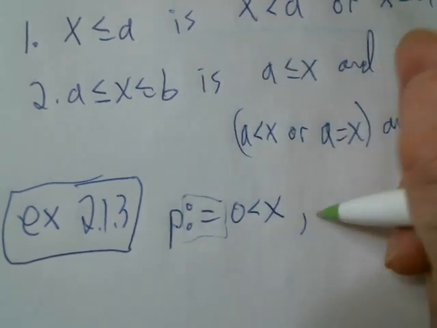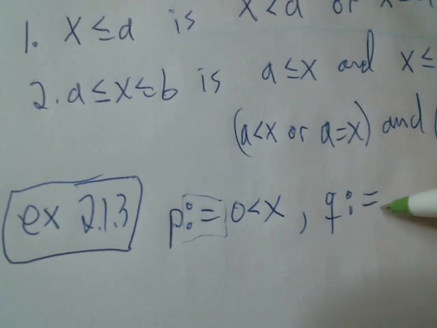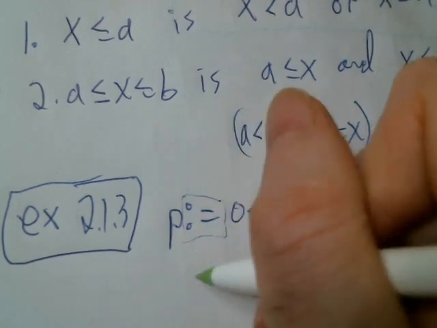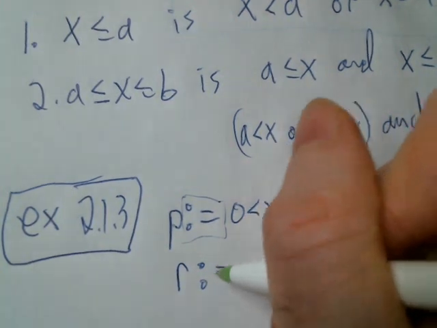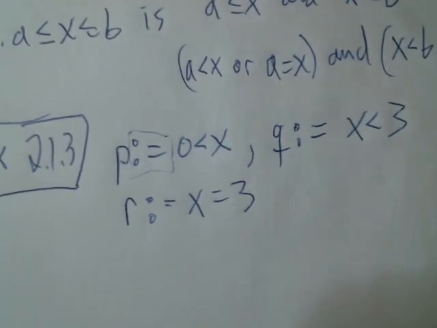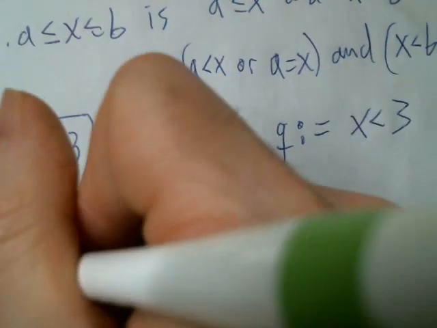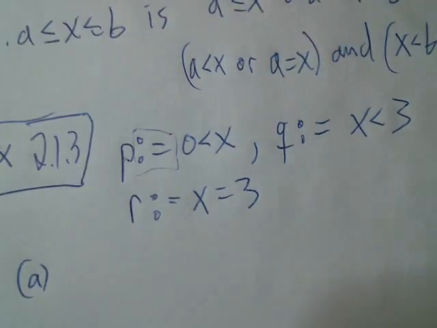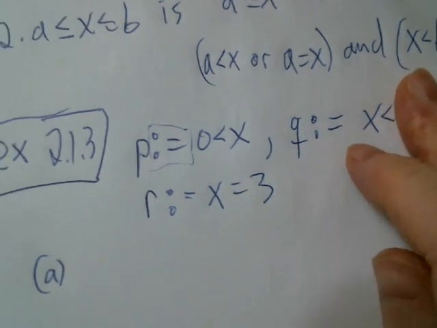Let Q be the statement x less than 3. Let R be the statement x equals 3. Okay, and then they want you to rewrite the following expressions in terms of our logical statements.